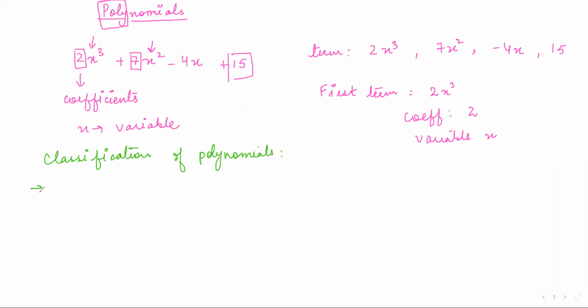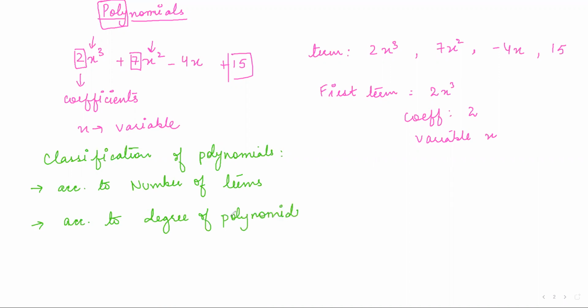First of all, they are classified according to number of terms, and second, according to degree of polynomial. I'll explain what is the degree of a variable, or degree of polynomial, you can say, that's the same thing.